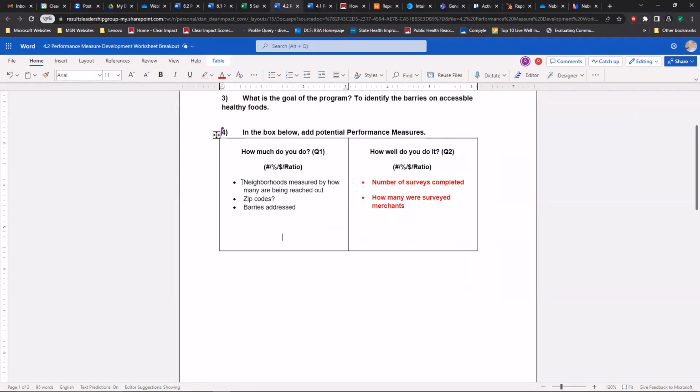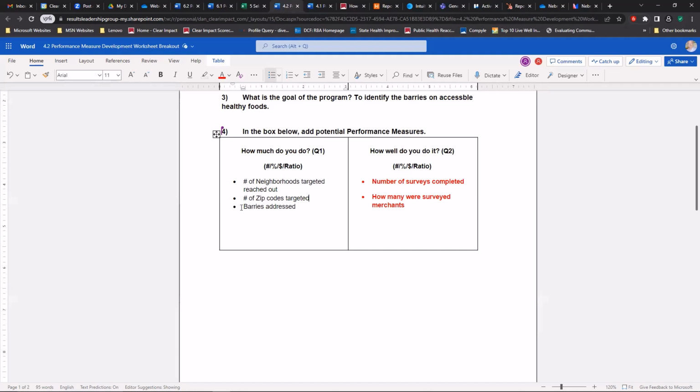So again, I assume what you mean by this is the number of neighborhoods contacted? Yes. Okay, so this would be the number of neighborhoods targeted, maybe? Yes. Okay, cool. And you could also do the number of zip codes targeted. Number of barriers identified. Yeah.